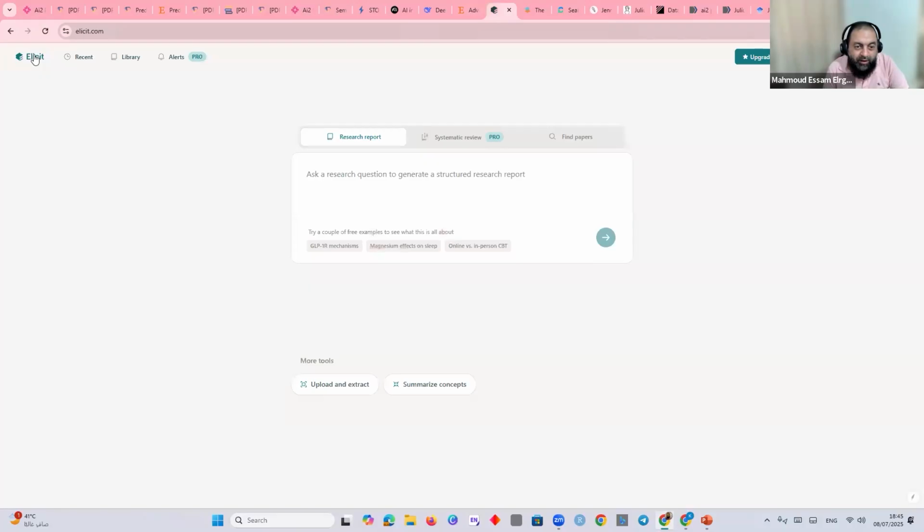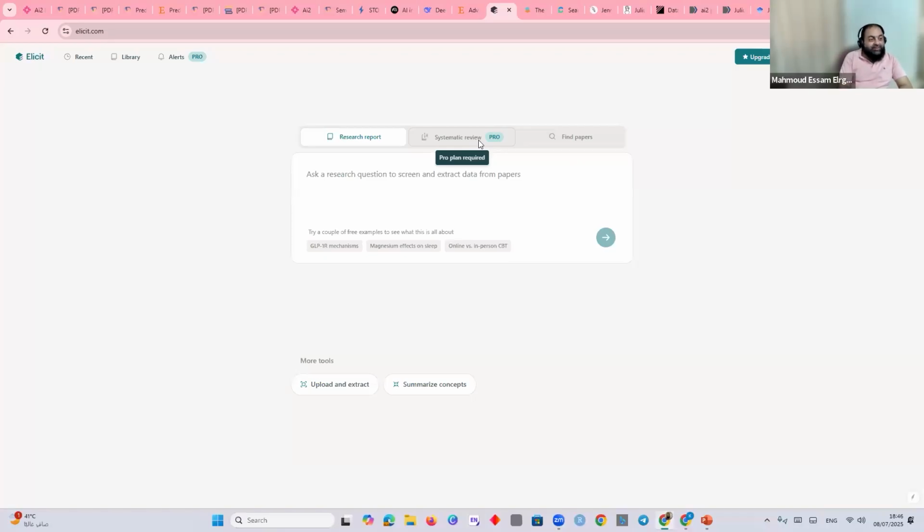I think we will open for questions, but there is one important tool that unfortunately we will not have time to cover. Because some of you are speaking about systematic review, this tool, Elicit, is an AI tool for systematic review. Previously we used Covidence for screening of the data, and Ryan for screening, and extracting the data using Excel.